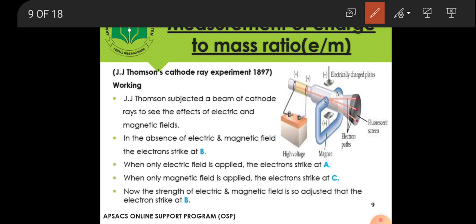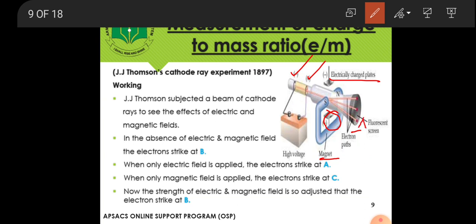In this experiment, this is the cathode, this is the anode, and this is a magnet. A magnet is used to create a magnetic field. This is a negatively charged plate, and this is a positively charged plate. These plates are used to create an electric field. This is a fluorescent screen.